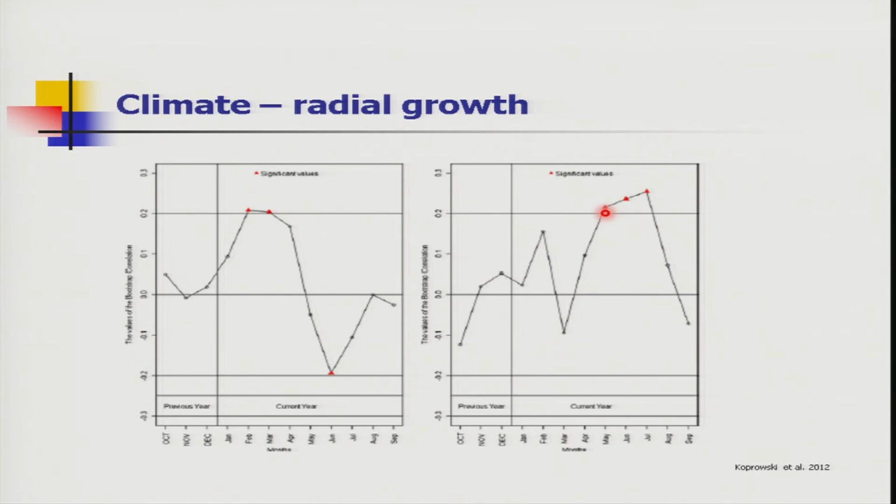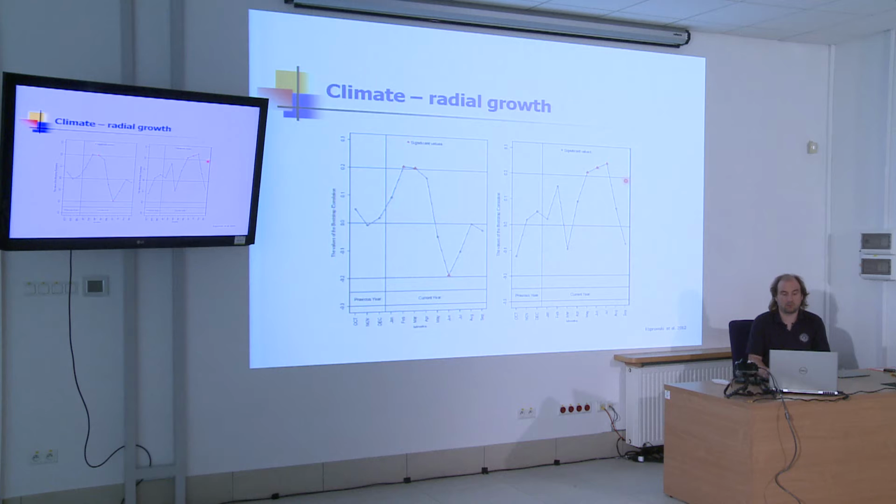As far as the precipitation is concerned, we've got significant correlation with May, June, July monthly values, which means that there is a positive influence of precipitation in vegetation period on the growth of Scots pine, because Scots pine is the species analyzed in this study.